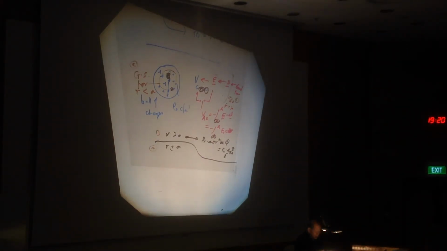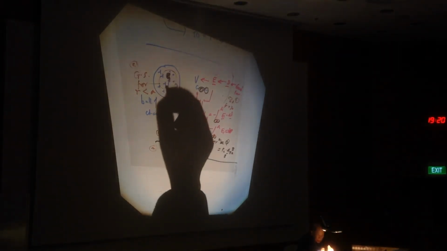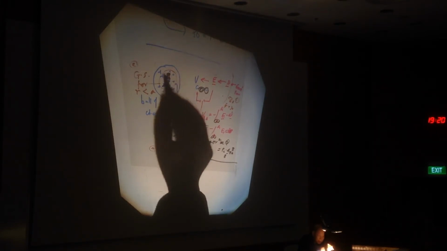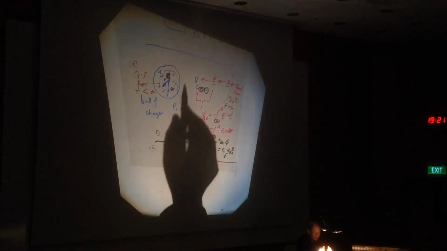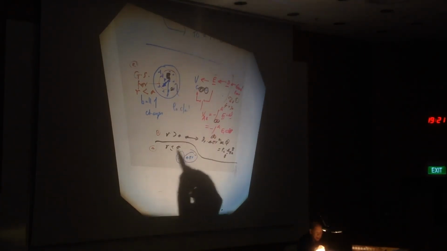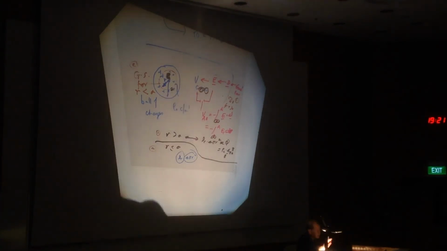So, the second range now, we have R less than A, and the Gaussian surface here has radius R. We have spherical symmetry, again the left hand side is the same. Outward flux coming out of the Gaussian surface is E multiplied by the area, 4 pi R squared. Because at a given point R, on this point here, the value of E doesn't change.